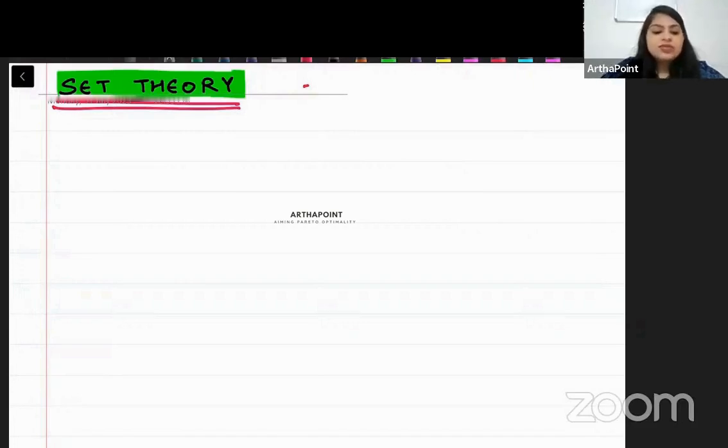Now, sometimes, although it is not very important, people may ask, ma'am, who discovered or who developed the concept of set? We should know this theoretical information also: the theory of sets was developed by the German mathematician George Cantor.